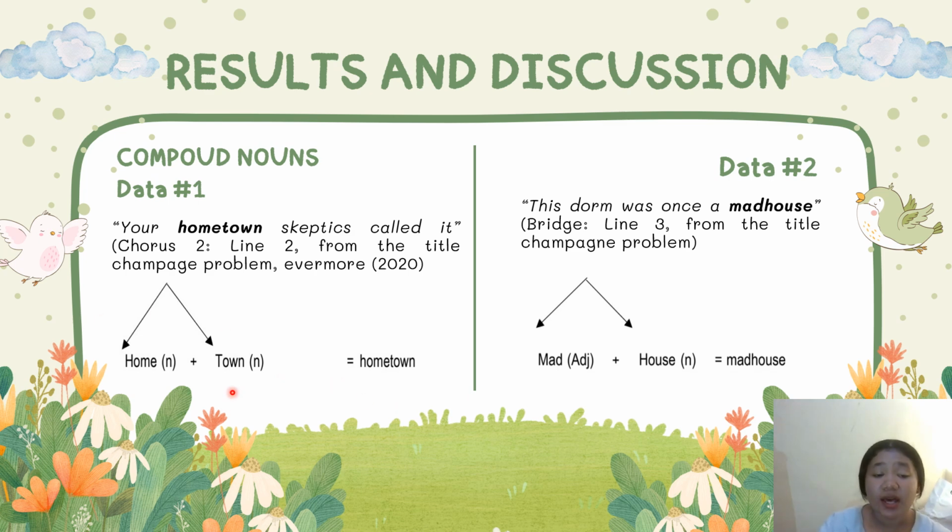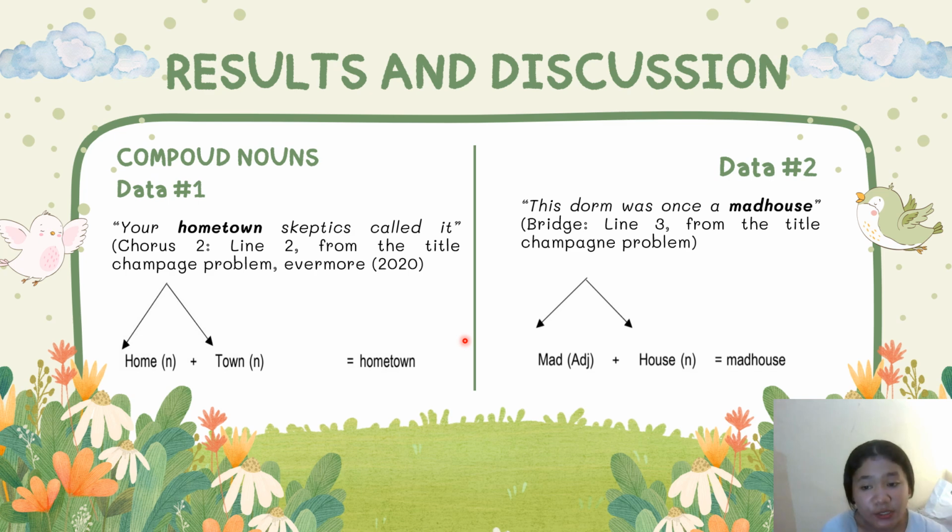Home belongs to the lexical category of noun and is a free morpheme, and the same goes for town. Both become a new word, hometown, which is also included in the lexical category of noun. The meaning of hometown is the town of one's birth or early life, or of one's present fixed residence.